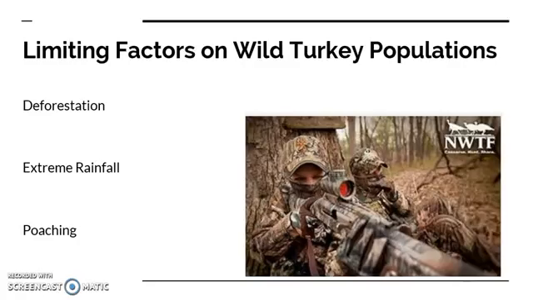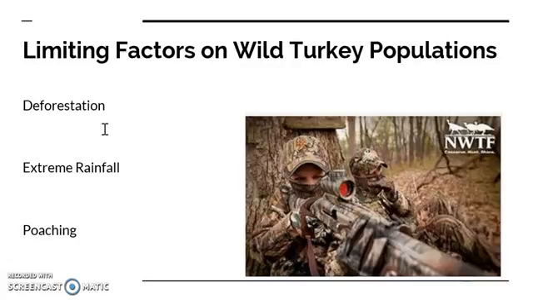Limiting factors are things that reduce or control the population of an ecosystem. So what I want you to do is give me at least 3 limiting factors, but you need to explain them. For instance, deforestation is a limiting factor on wild turkey population. Why?